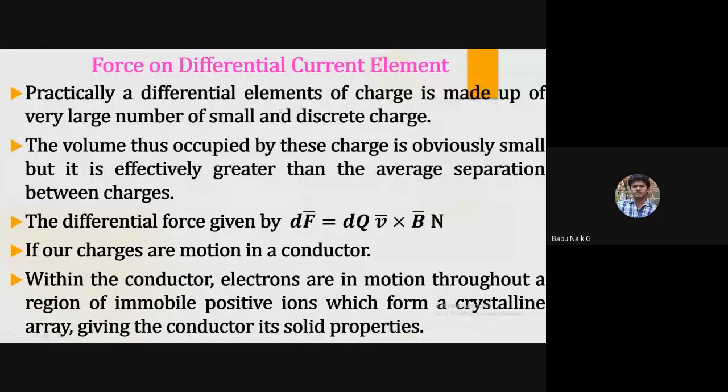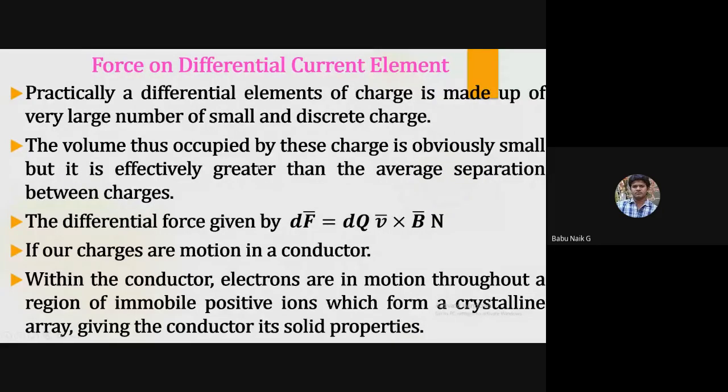In practice, we have seen that the differential element of charge is made of a very large number of small, discrete charges. The volume occupied by these charges is obviously small, but it is effectively greater than the average separation between the charges.